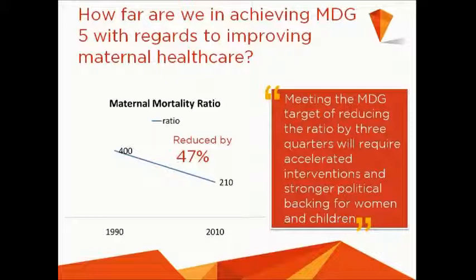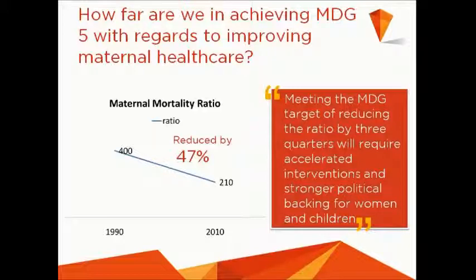The latest MDG report said that most maternal deaths are preventable, but progress in this area is falling short. Globally, the maternal mortality ratio has declined by 47% over the last two decades.